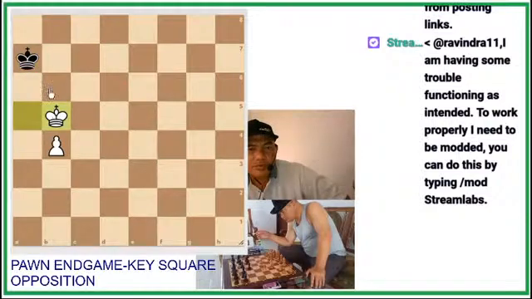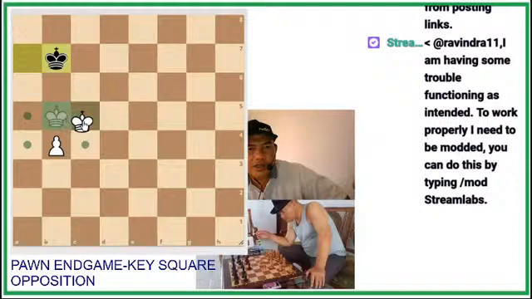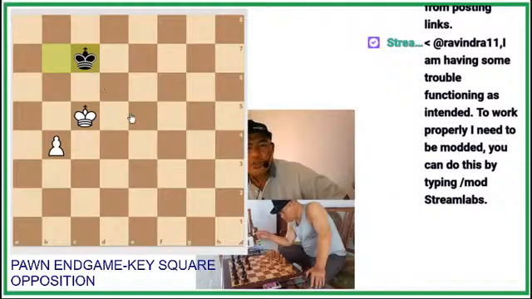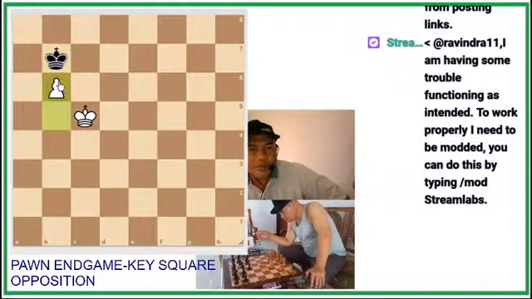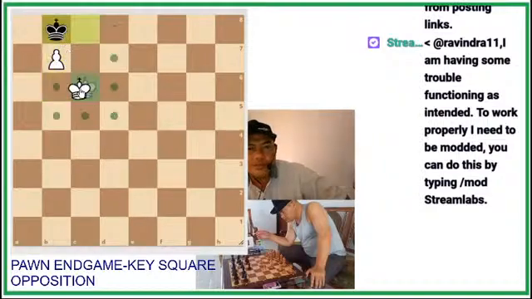Whatever white does, black will have the opposition. So this is a draw. Then white is forced to move his pawn and then maybe move again. And then black can go here, and then this is a stalemate.